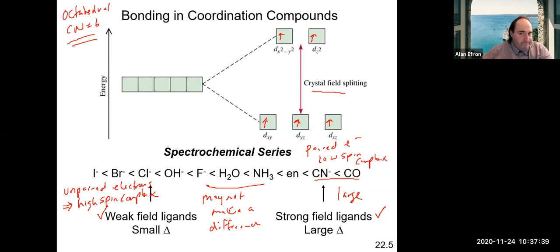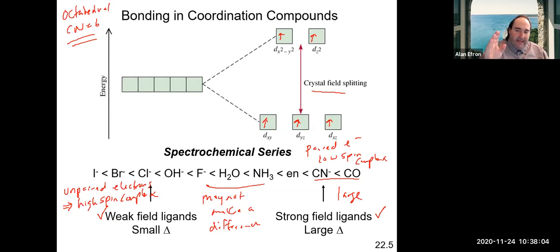And again, you can sometimes have a situation where, depending on the ligands, regardless of which way you do it, high spin, low spin, weak field, strong field, you oftentimes can get the same outcome.